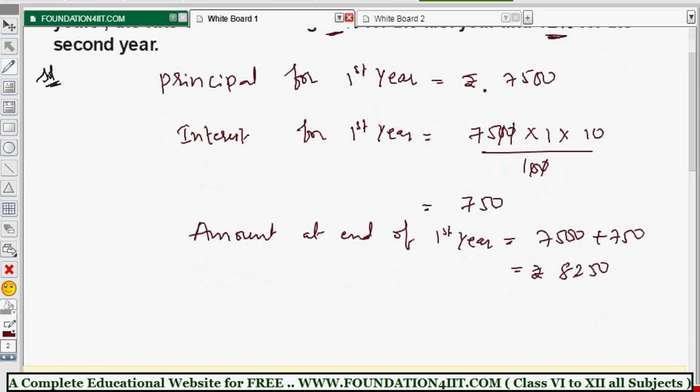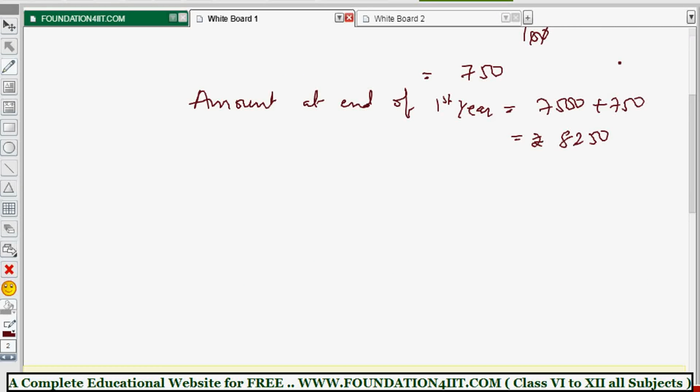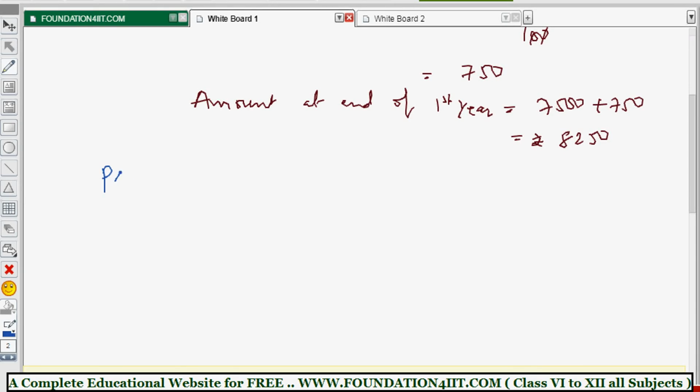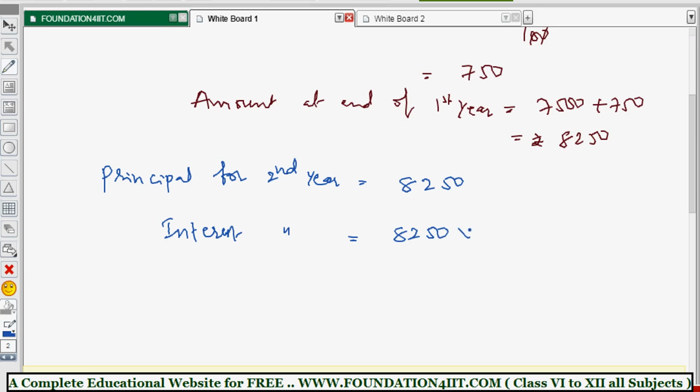We'll take the same approach. Whatever amount at the end of the first year becomes the principal for the second year, right? So principal for second year is the amount at the end of the first year, that is 8,250. Then we need to find the interest, but interest for second year is at 12%. So 8,250 for second year, 1 year, and interest rate is 12%, so 12 by 100.